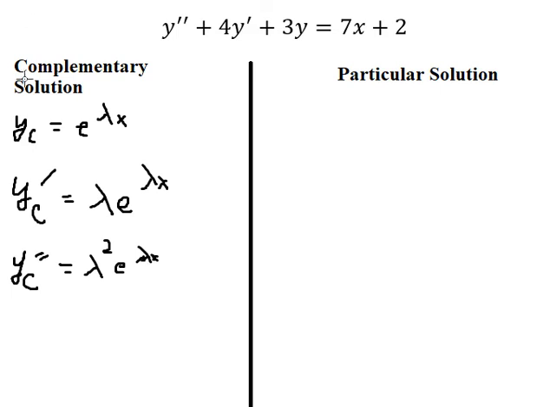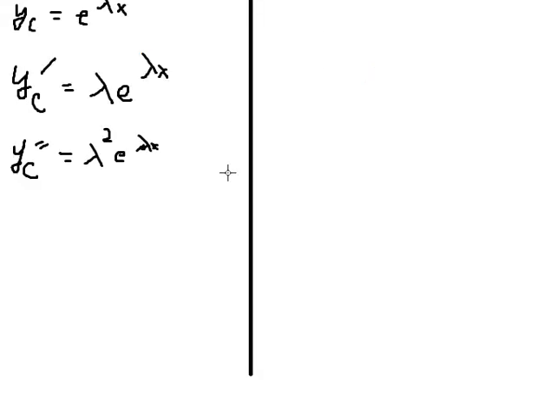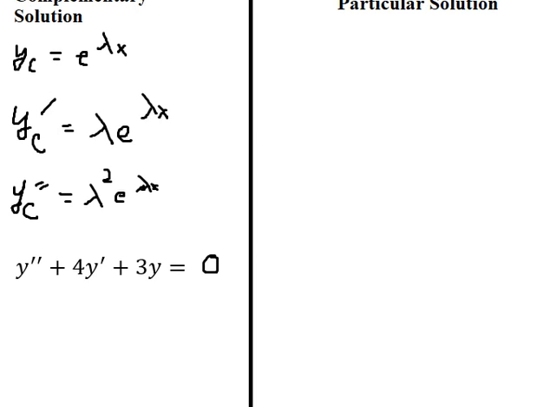Because this is about the complementary solution, I will set this equal to 0. So I will put this one gone here, this one gone here, and this one gone here.